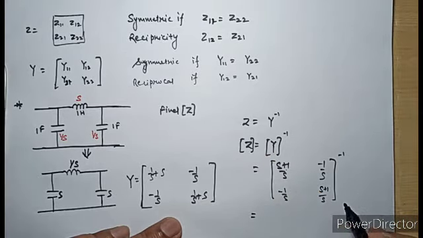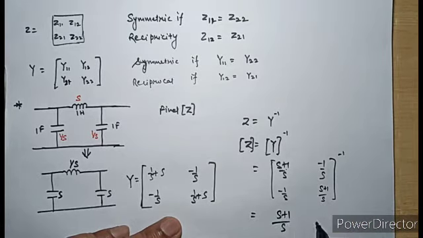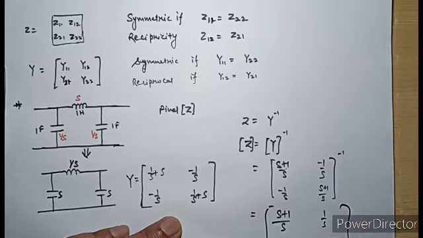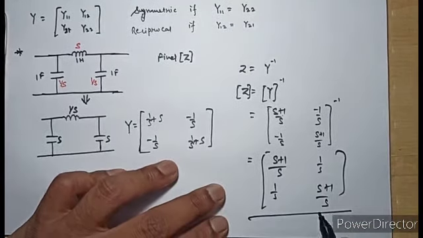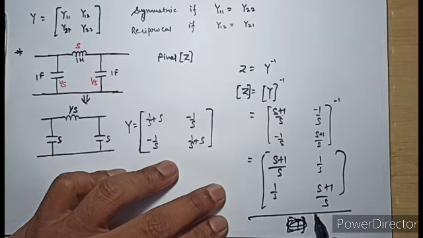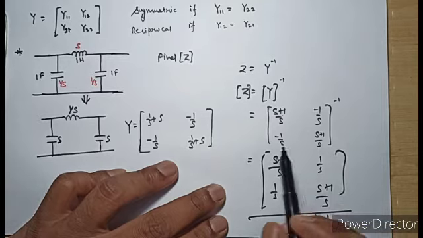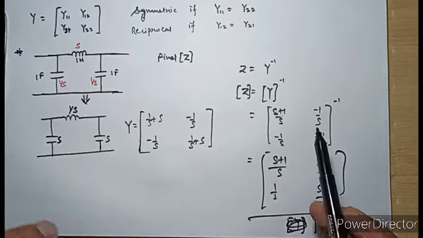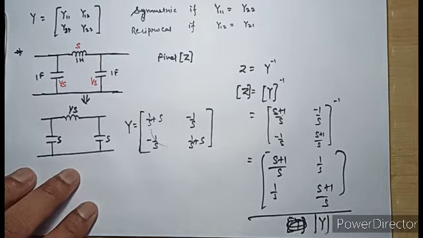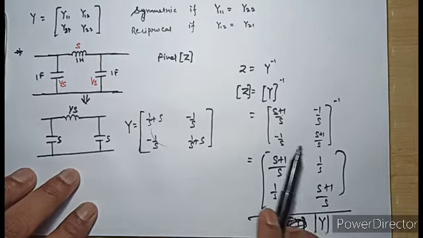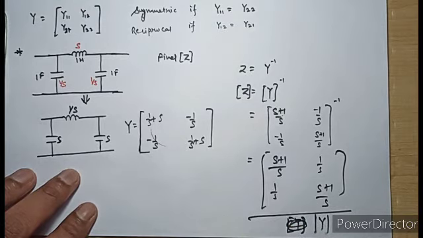This is the short trick to find the inverse of a 2 by 2 matrix, right? Means this, and this will become 1 by S, and this will become 1 by S, divided by mod of this Y. Clear? This is nothing but basically the adjoint of this matrix, right?